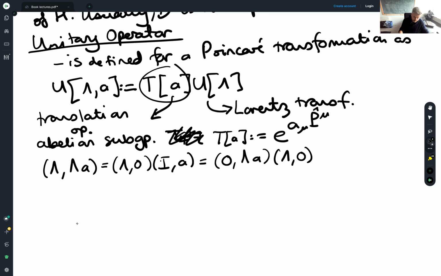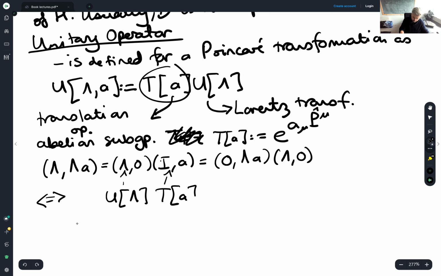And that means that when we represent this with the unitary operators, on the left-hand side we would have the unitary operator corresponding to lambda, and here we would have T of a. So this is in the opposite ordering to the one that we defined before. And on the right-hand side, we have T of lambda a and U of lambda.